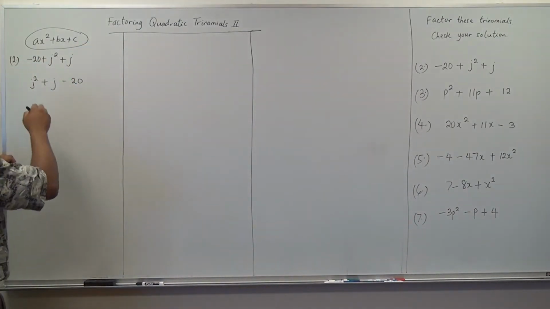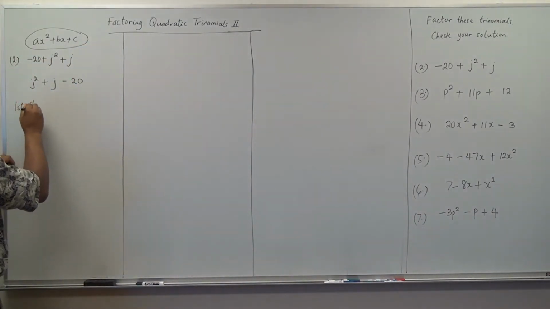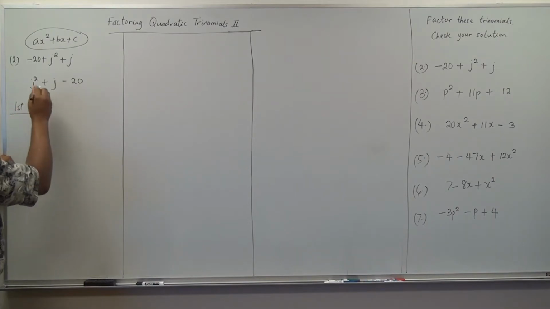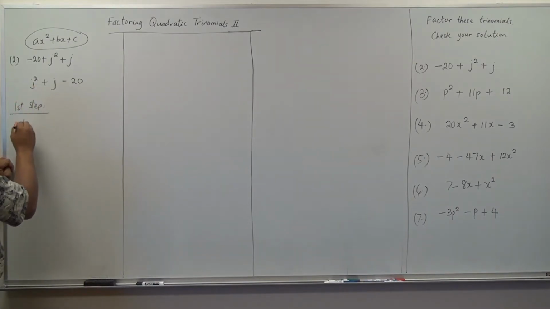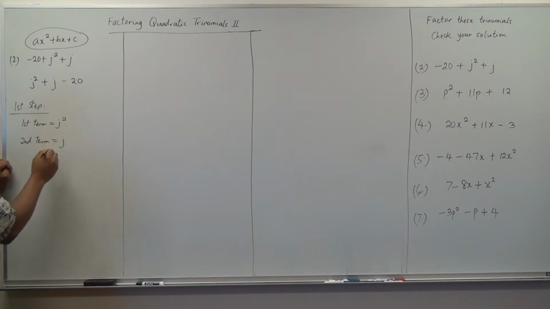So the next thing, we now have the first step. The first step, you want to find out the first term is j squared, the second term is j, and the third term is negative 20. So first step, you want to multiply the first and third terms.